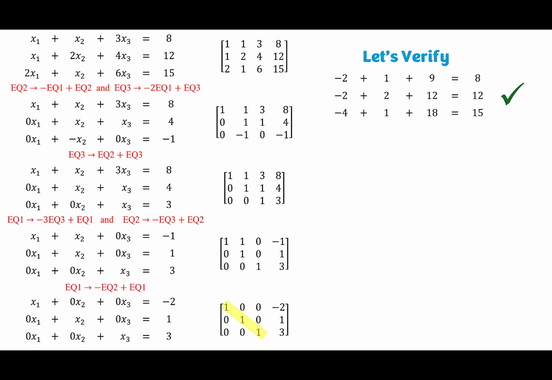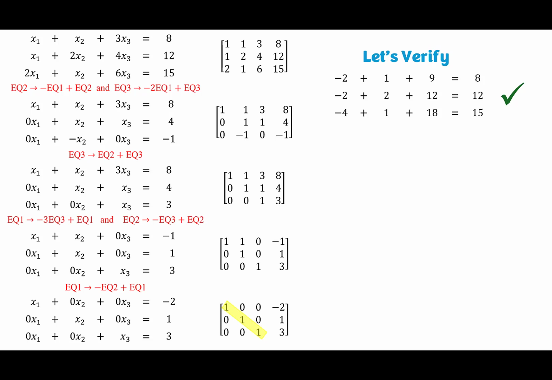And so the more we get practice with this and try to get these 1s in the diagonal, so that we can read the solution off from this matrix right away, because this matrix just tells us what our solution is, right? It says x1 is equal to negative 2, x2 is equal to 1, and x3 is equal to 3. Knowing that kind of form there with the 1s on the diagonal, that will help us and guide our steps on when we're trying to eliminate certain variables from certain equations.